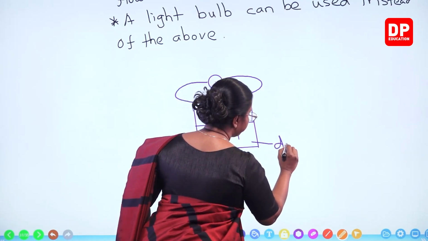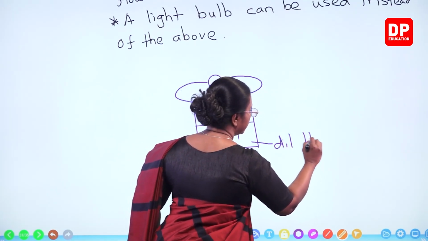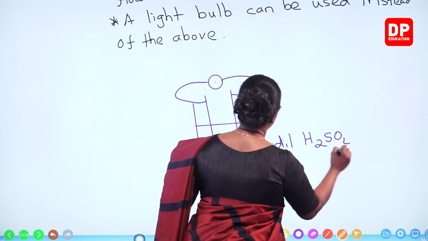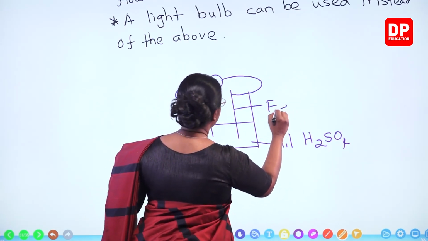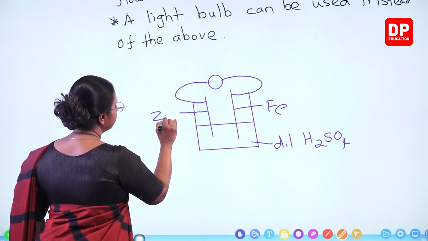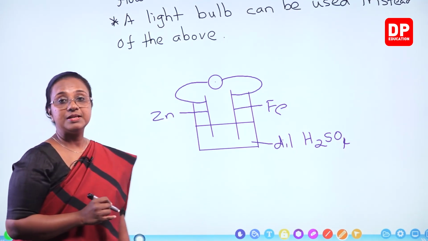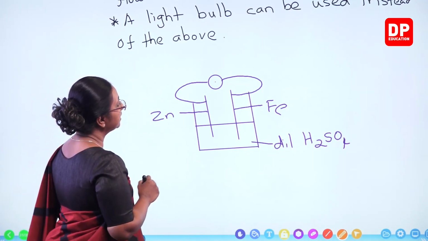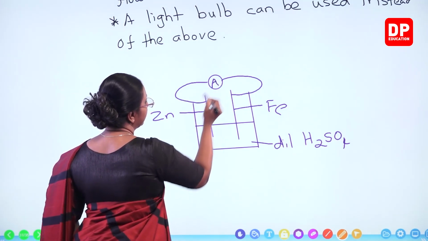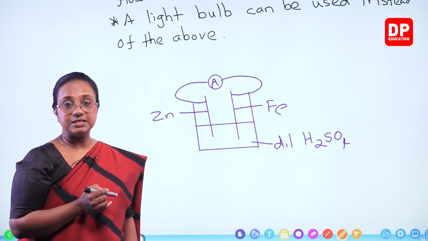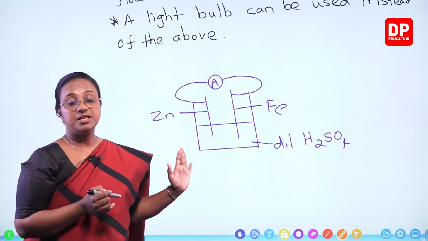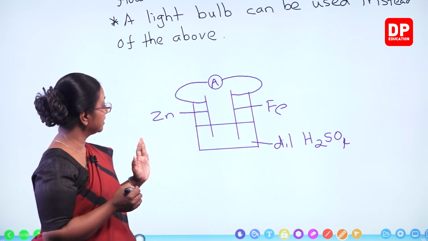So this is dilute sulfuric acid. Then here we had iron, here we had zinc. So what happens here? This is the ammeter that we connected. So there is a deflection in the ammeter or the galvanometer.